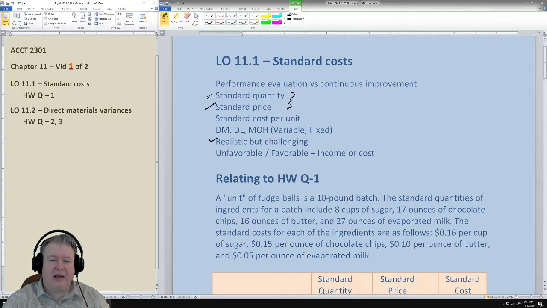Was it a difference in the quantity that we used? Was it a difference in the price that we paid? Or was it a combination? And if it's a combination, which one was the stronger influence? Sometimes one could be positive and one negative. So this is going to be for all these costs.